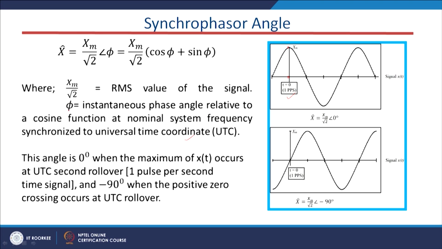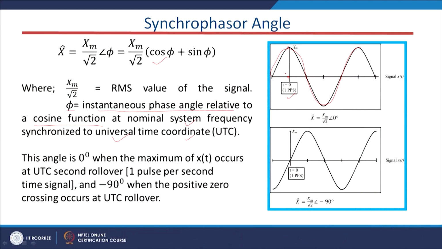If this is my signal, this phi is the instantaneous phase angle relative to a cosine function, this cosine function at the nominal system frequency, that is our 50 hertz, synchronized to the universal time coordinate.